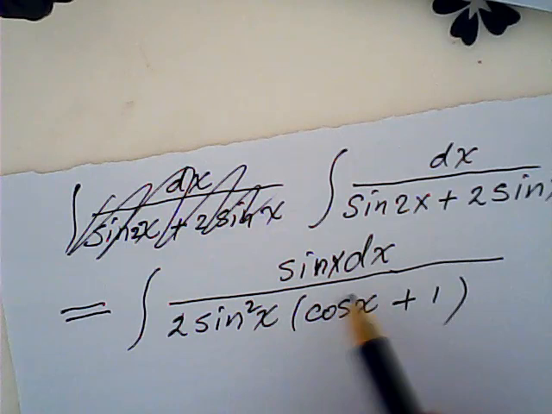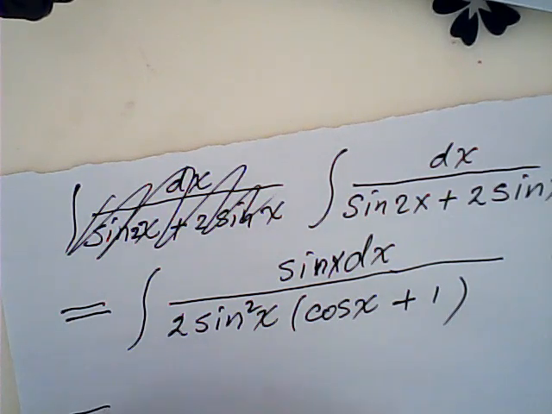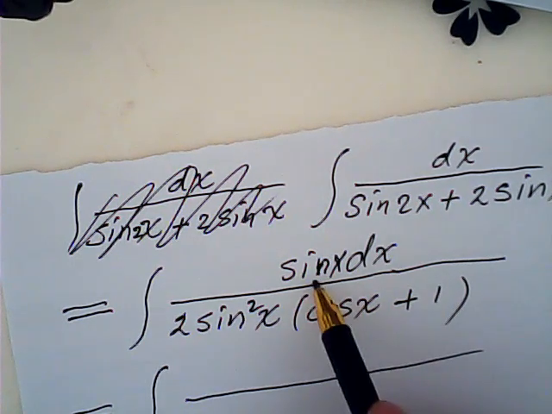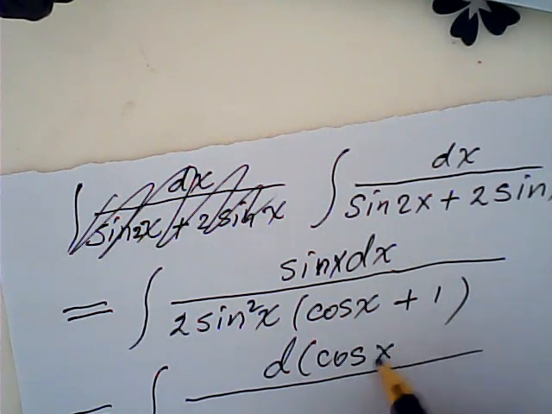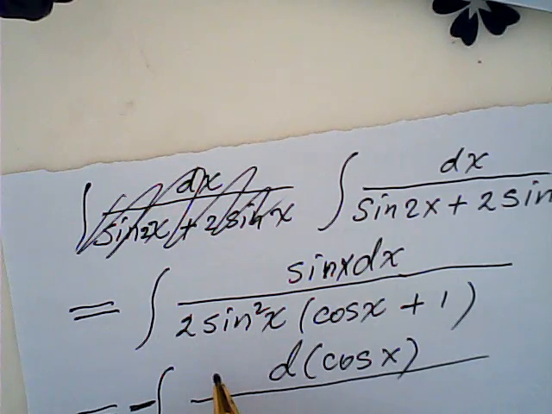So then this is equal to, now sine x dx is the d cosine x, but negative, right? I leave a negative outside, and I change everything to cosine. I take 2 out, so 1/2 is negative.